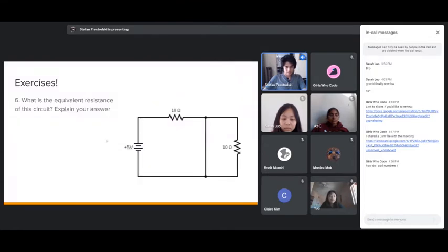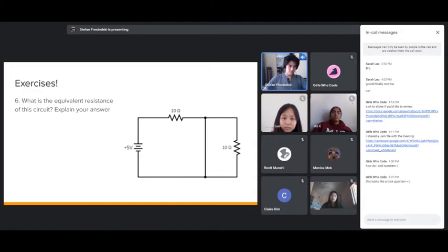What's the equivalent resistance of this circuit here? And then explain your answer. For this portion, just ignore the battery. Only find the equivalent resistance.